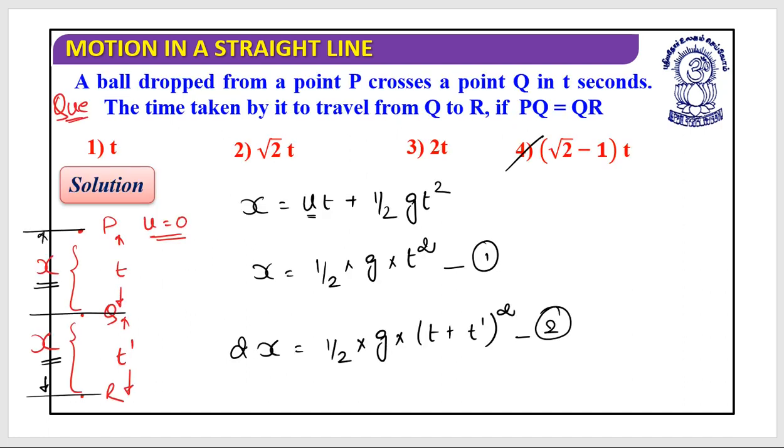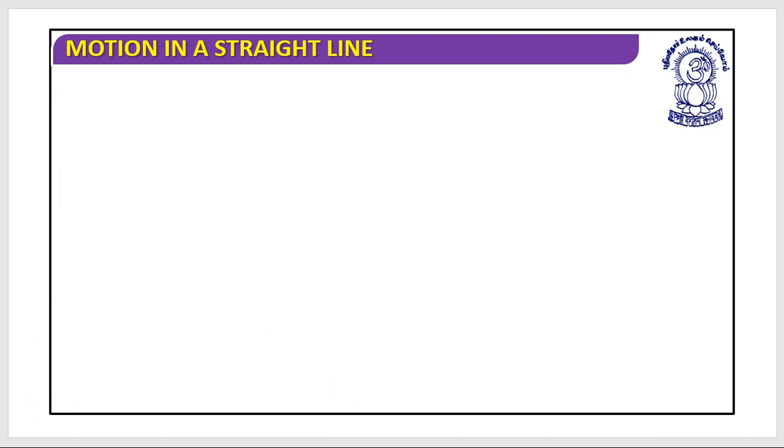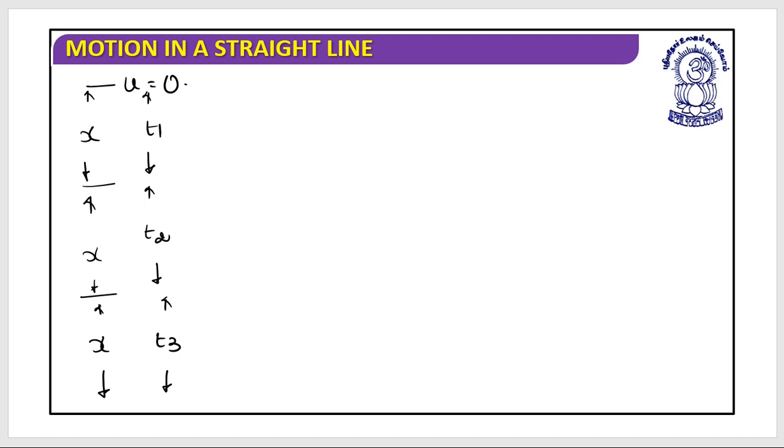Yes, got it. So let me give you the shortest approach, a trick. Let's say this is u equals 0, this is distance x, again distance x, again distance x, and so on. Let's say here the time would be t1, here t2, and the times are different, t3 and onwards.